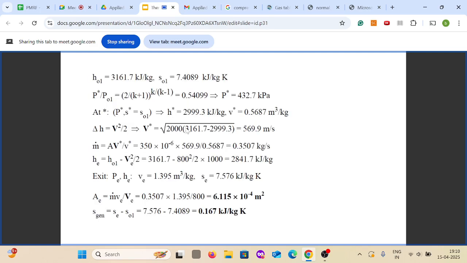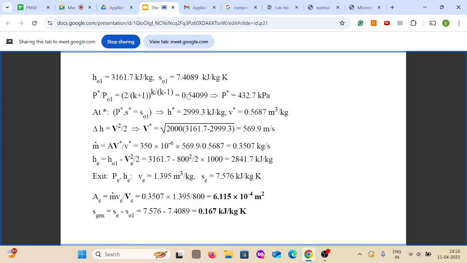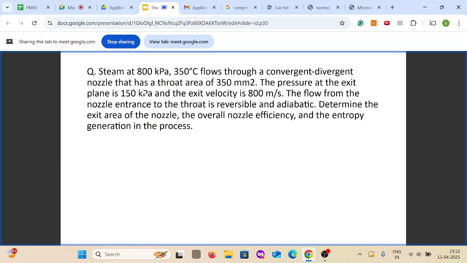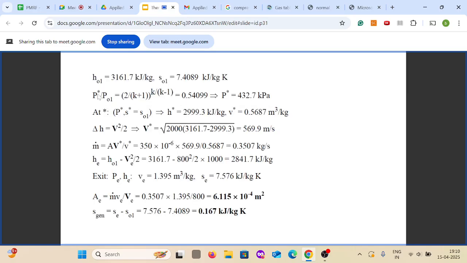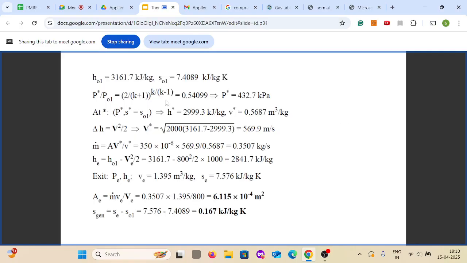So first, the inlet stagnation properties. Inlet condition: enthalpy 3161.7 kilojoule per kg, and entropy 7.4089. Then your P star by P naught is 2 by gamma plus 1 raised to power gamma by gamma minus 1, which comes out to be 0.54099 for gamma of 1.12 for steam, not 1.4.